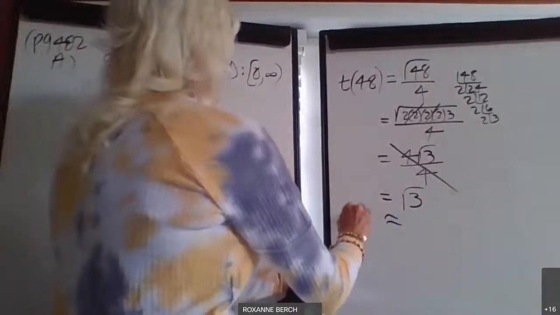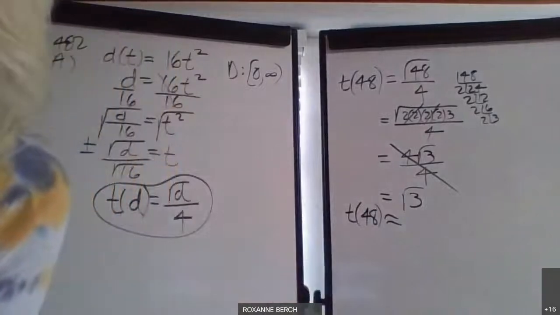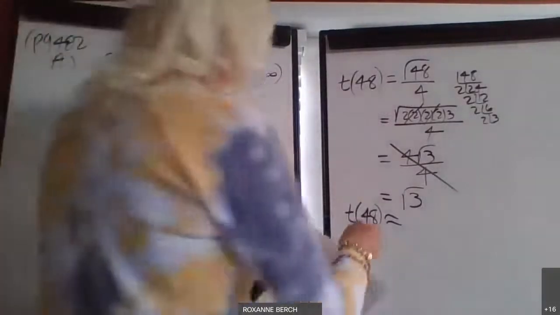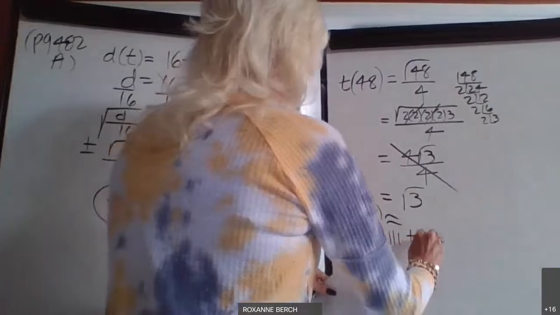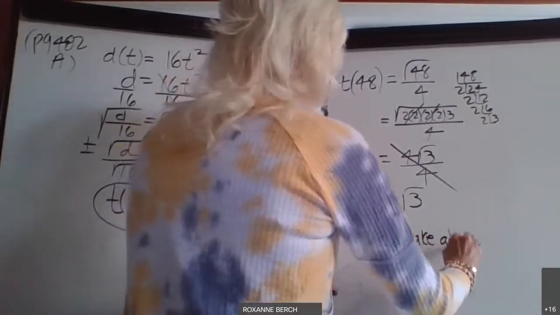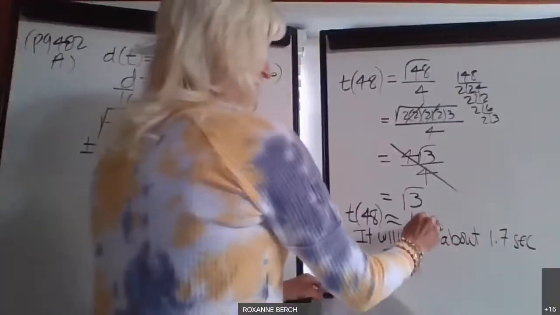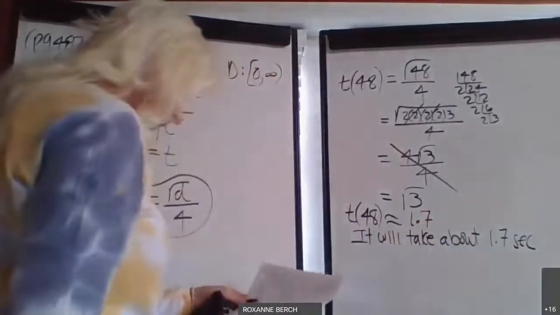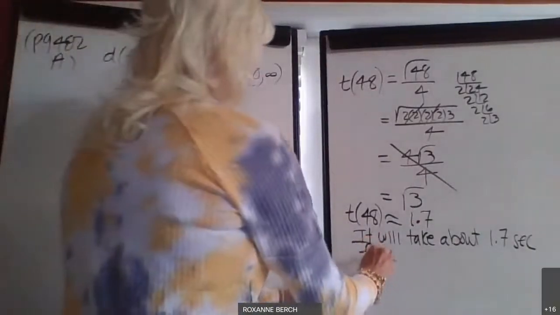Can you guys put it in the calculator for me, please? 1.73. So it's going to take about 1.7 seconds for a penny to fall 48 feet into the well.